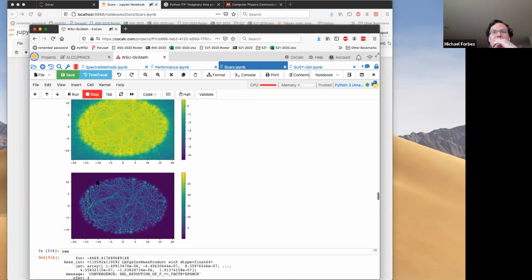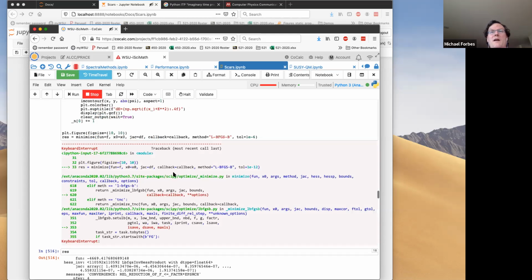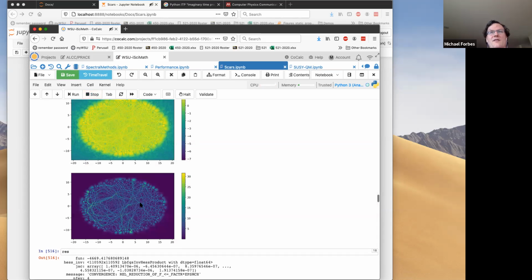Now, this doesn't show a quantum scar, but I read the paper a little bit more carefully, and they say that in order to see those quantum scars, you basically need to start with something that's close to a classical trajectory, like a Gaussian wave packet. You might be lucky and stumble on a state that has a quantum scar.